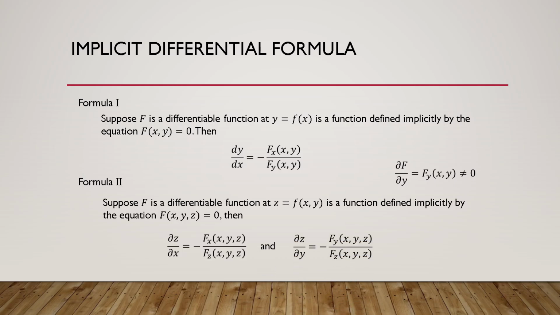The partial derivative dz dy equals negative the partial derivative of f with respect to y of xyz over the partial derivative of f with respect to z of xyz, provided the partial derivative of f with respect to z is not equal to 0.